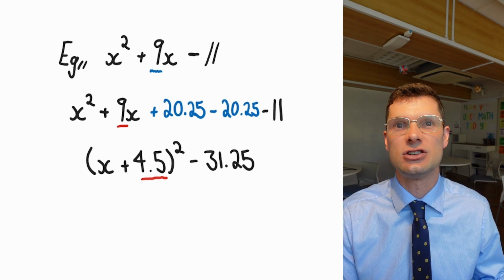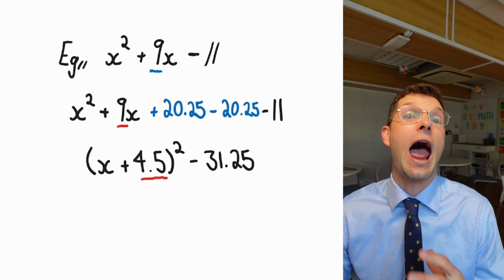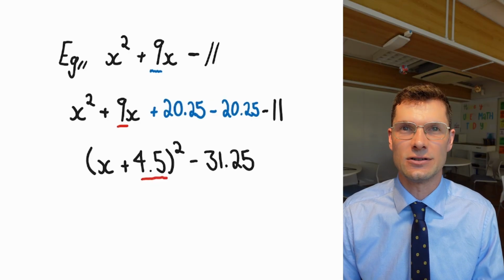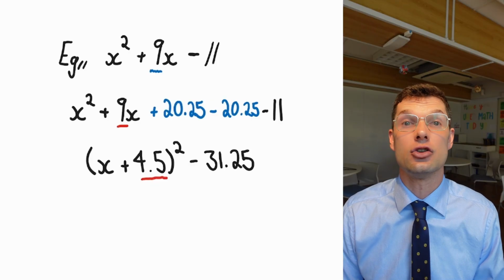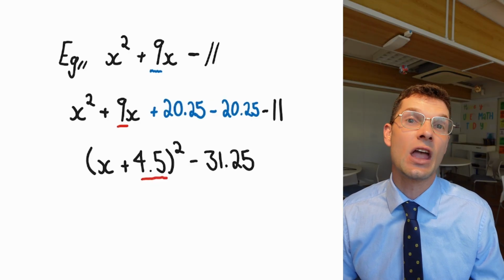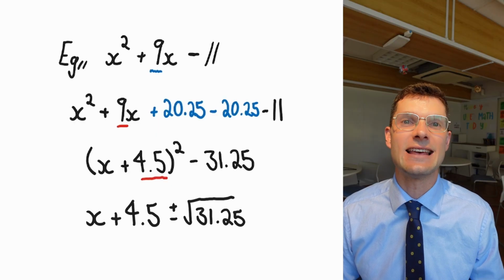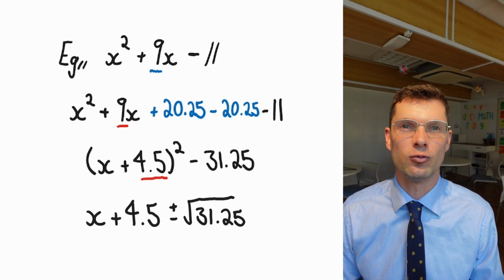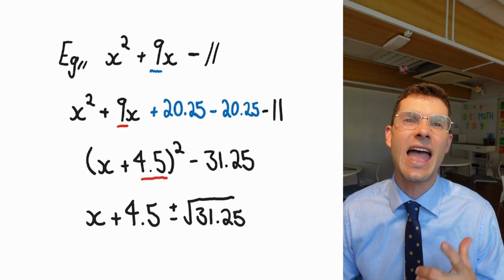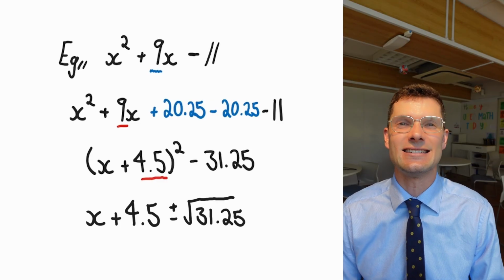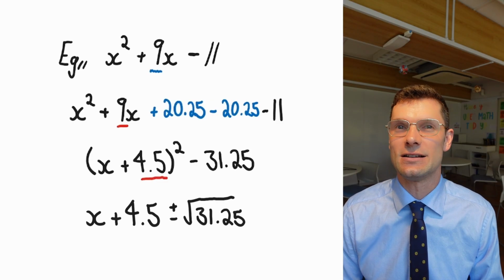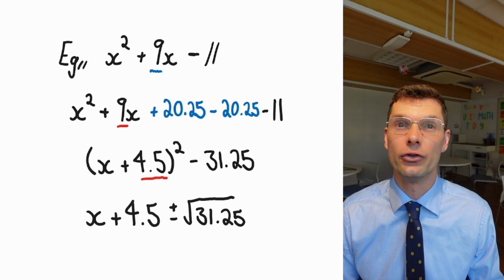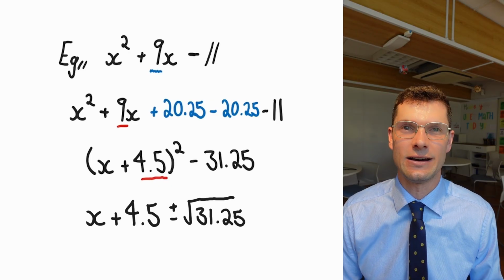Because that first term is just x plus 4.5, I can use that in both of my difference of 2 squares, and I'm just going to use root of that last value. So this in one bracket is x plus 4.5, that would go into both, plus or minus root 31.25. If you're not 100% sure how I got to that step, please look at my video about difference of 2 squares, and it also comes up again in my last completing the square video.